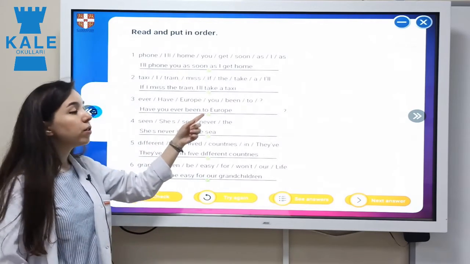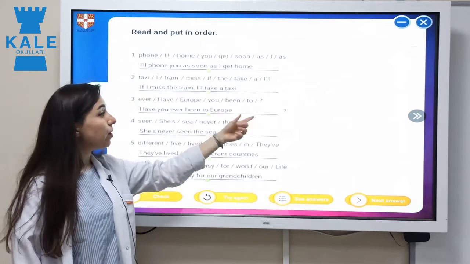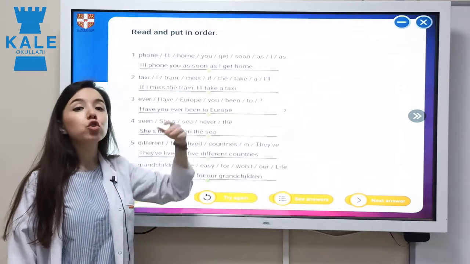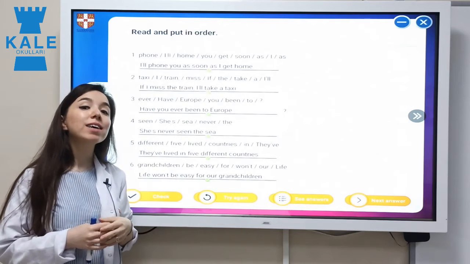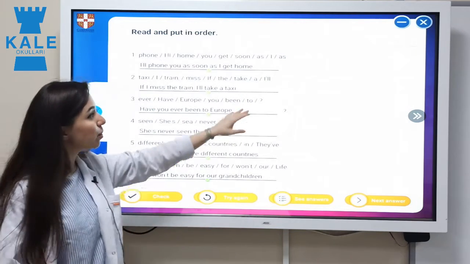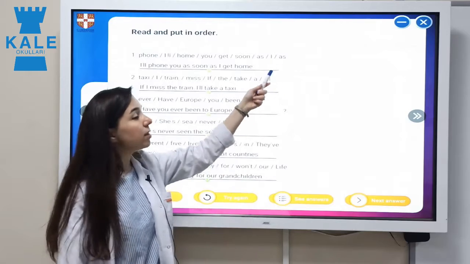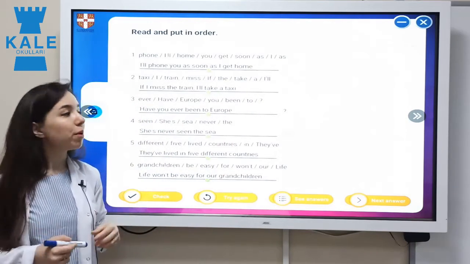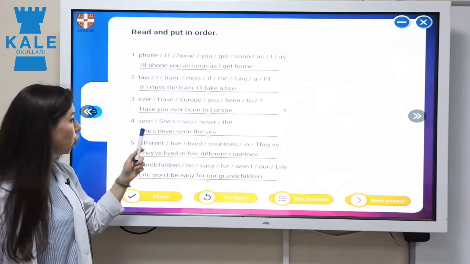So: Have you ever been to Europe? Look at this here, for example, it has a question mark, so we understand that we should write the question form of the sentence. But in these sentences we don't have any question mark, so you just have to write a normal sentence. Have you ever been to Europe?